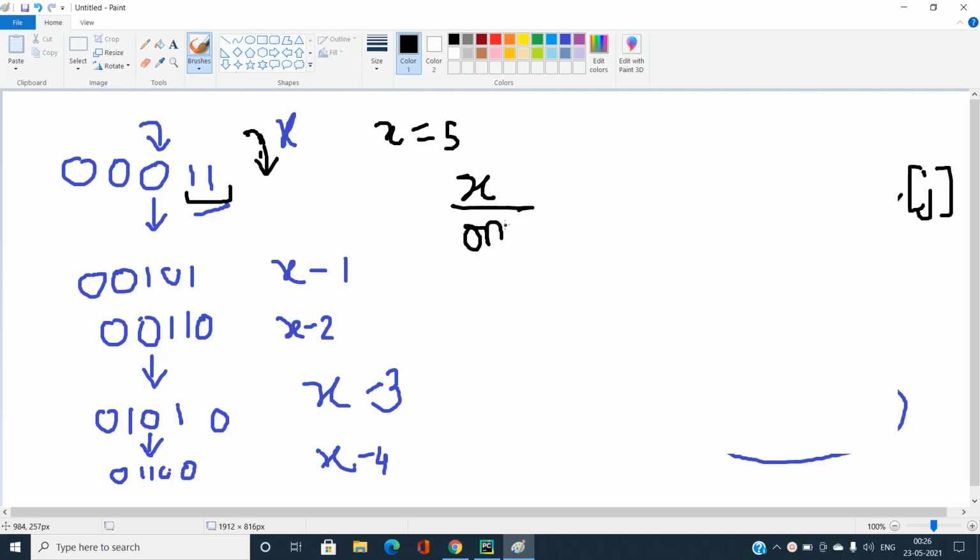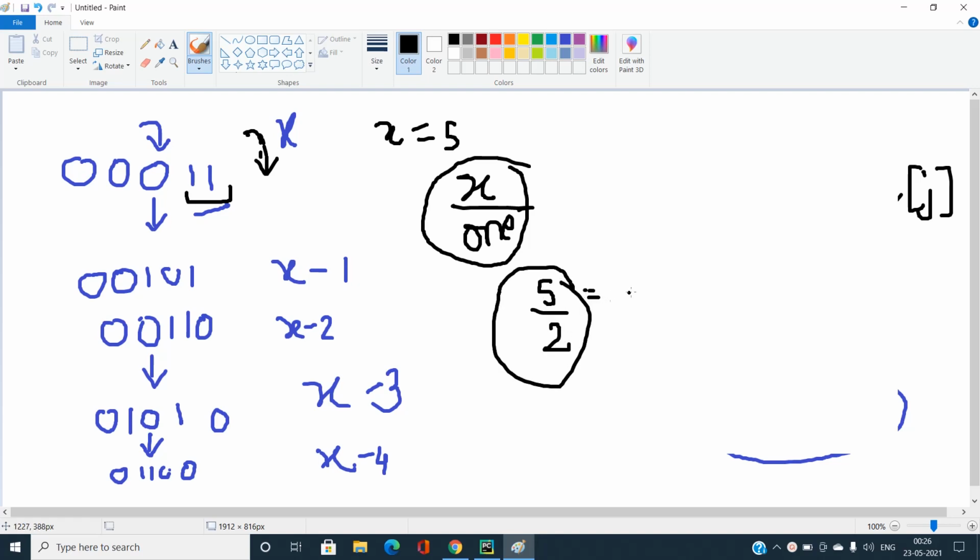I will take the integer value of the division, 5 by 2, which is 2. It means that there will be two zeros present to the right of all the ones. So my array would be like this one: 0 1 1 0 0.